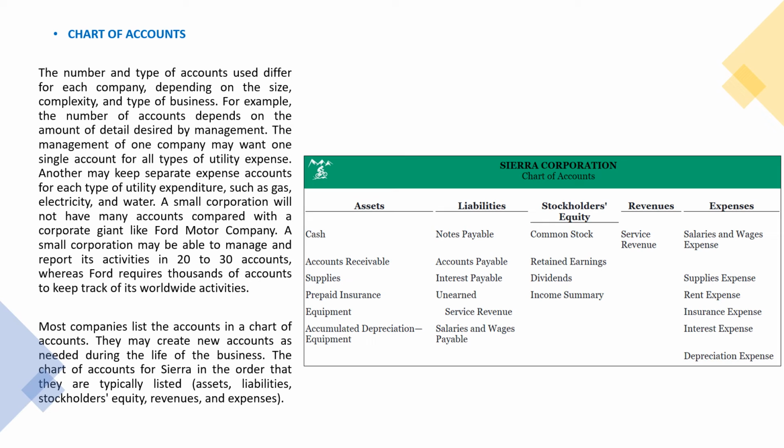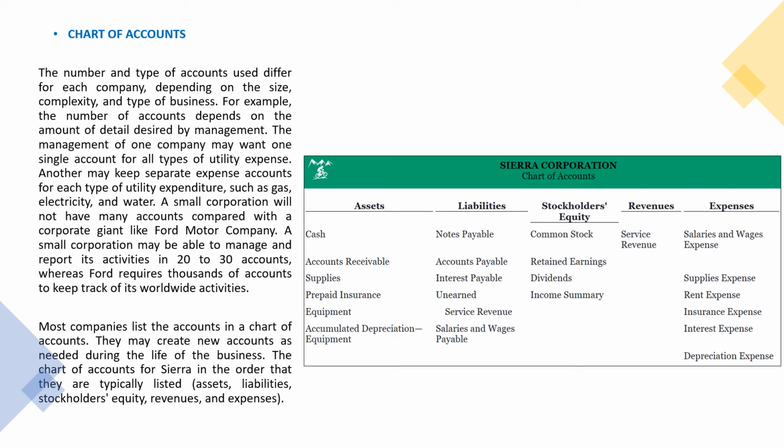The management of one company may want a single account, like utilities expense, and another may keep separate expense accounts for each type of expenditure, like gas, electricity, and water. Small companies, compared to big companies, could use maybe 20 or 30 accounts, versus a giant company like Ford, which could use thousands of accounts.